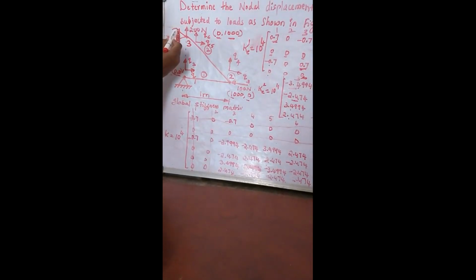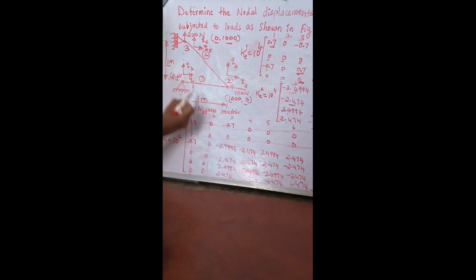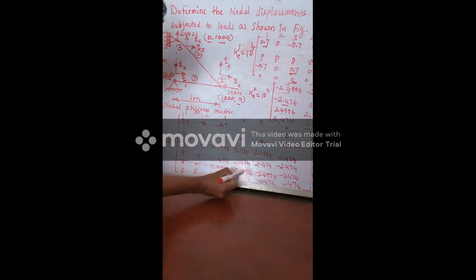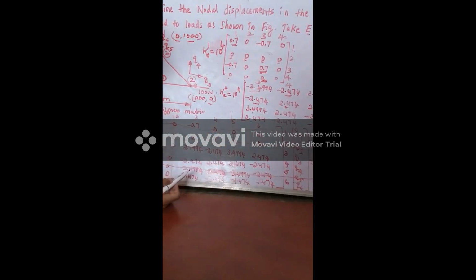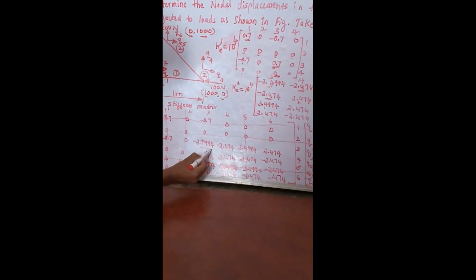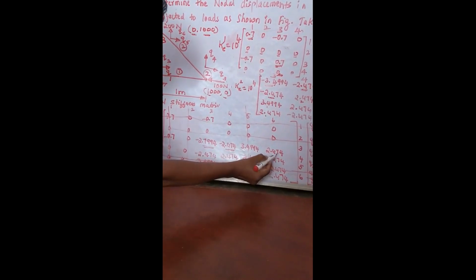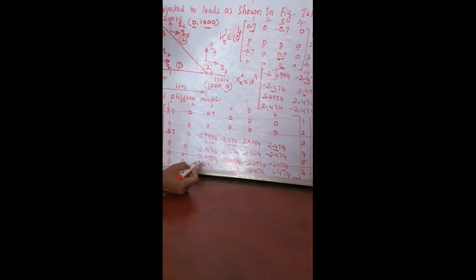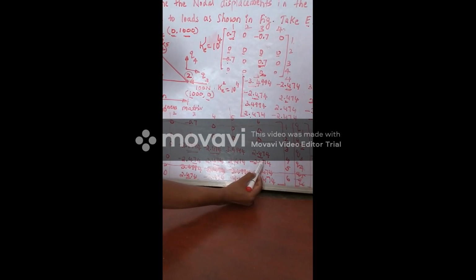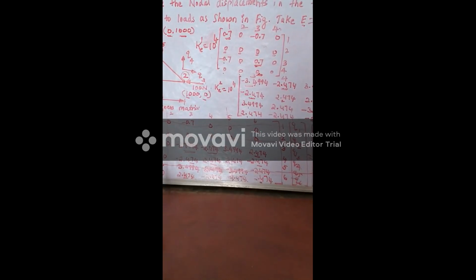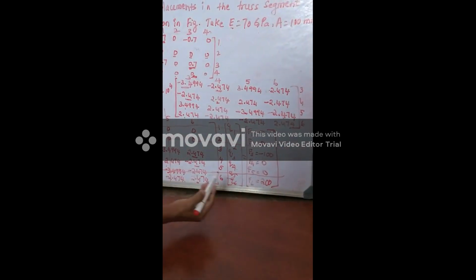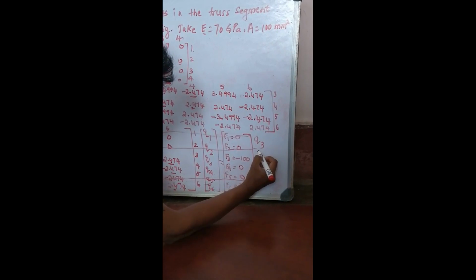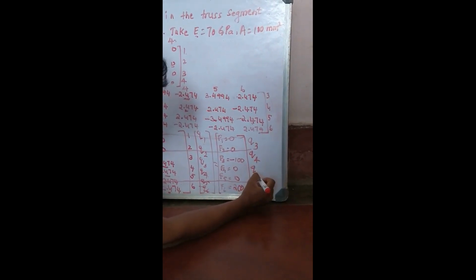As I told, y direction is free to move and x direction is fixed, so I'll delete fifth row, which is pertaining to x, and fifth column. So if we solve, these are the values left out. So we would be getting the value of Q3, Q4 and Q6.